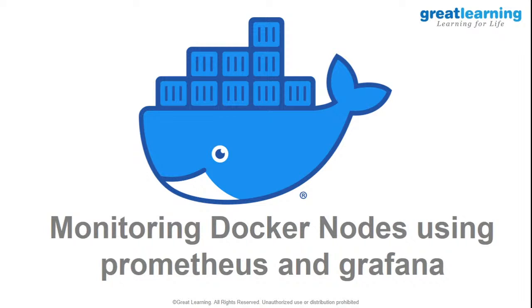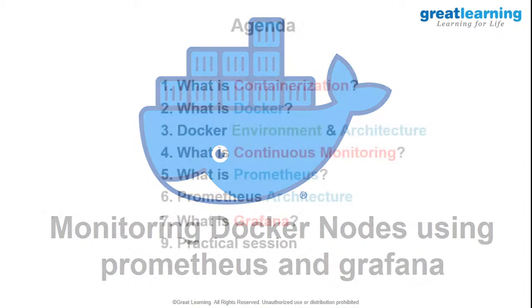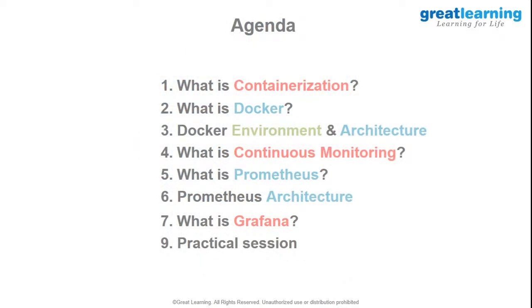So let's go ahead and get started with monitoring Docker nodes using Prometheus and Grafana. These are the different things we'll be going through: what is containerization, what is Docker environment and architecture, what is continuous monitoring, what is Prometheus architecture, what is Grafana, and then we'll be having the practical session.